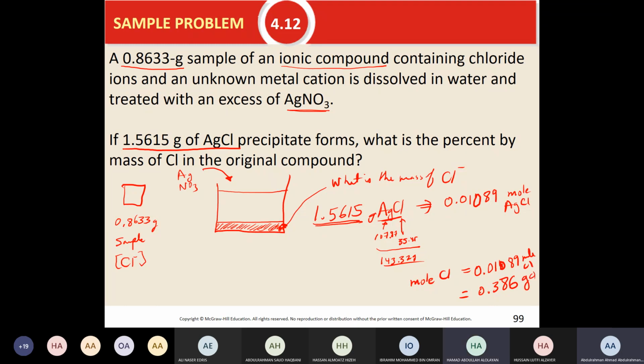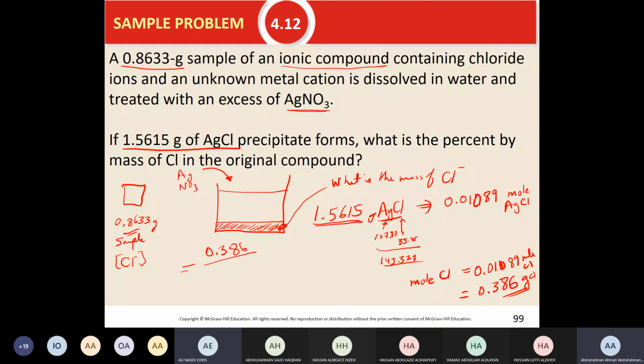Now, what's the percentage of chlorine in the sample? We divide 0.386 by... no, I want this: divide by the mass of the sample.